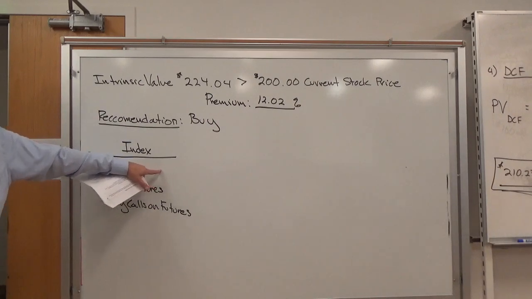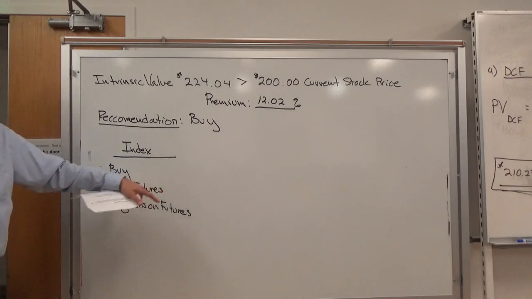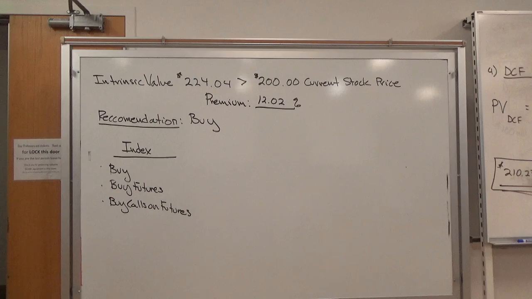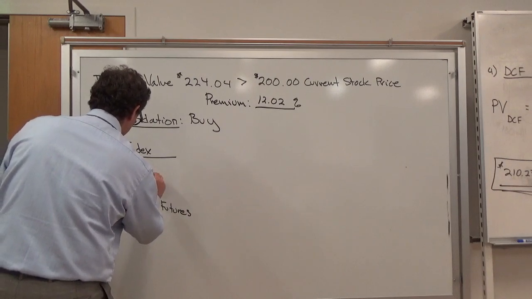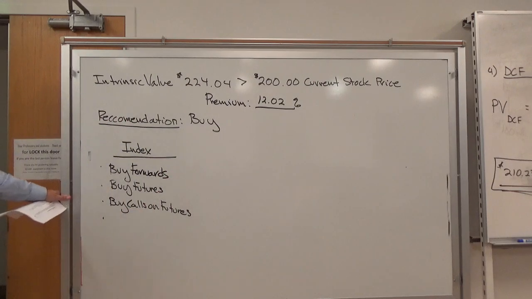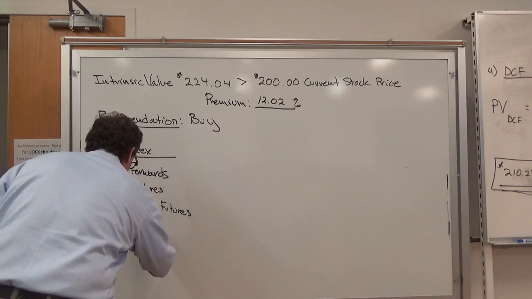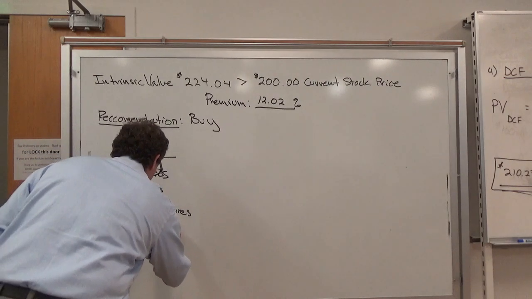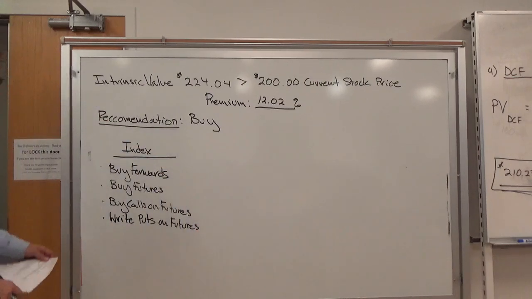Go back to your exam, go to your memo. I would buy forwards. Okay, what else? I would write puts on the futures. And how many trades do I have?